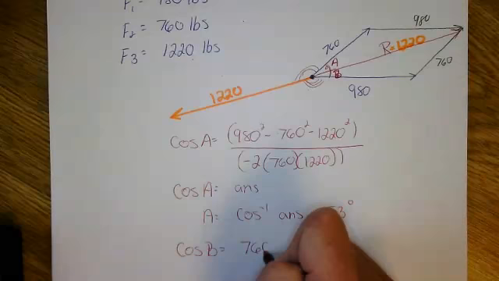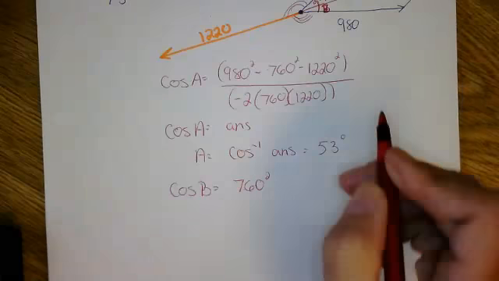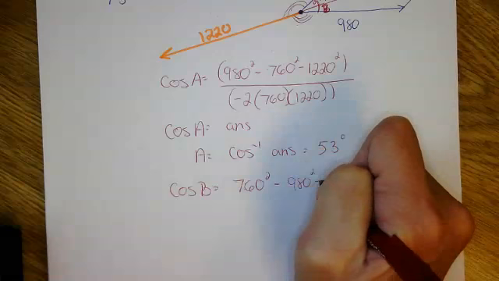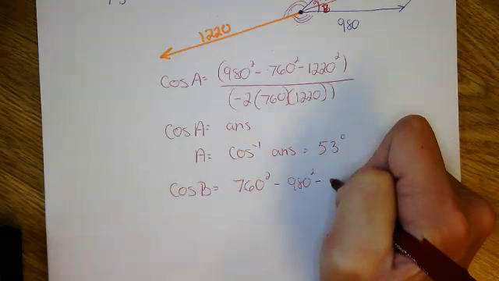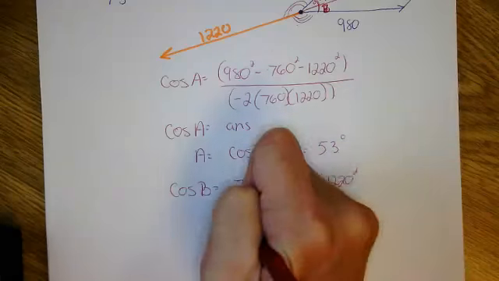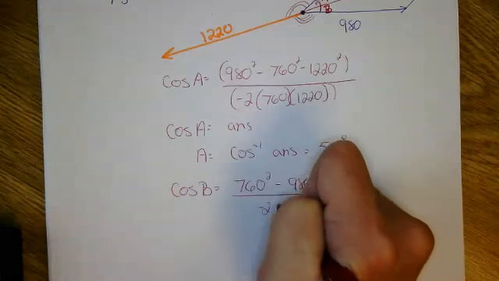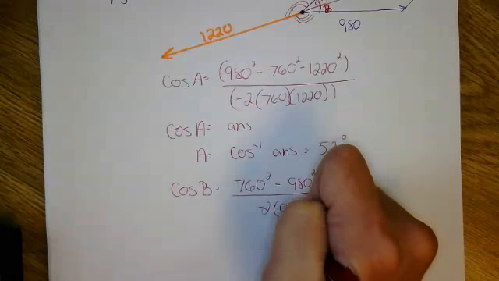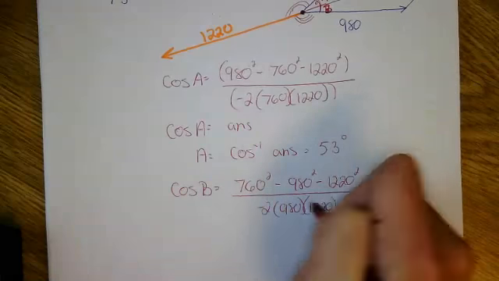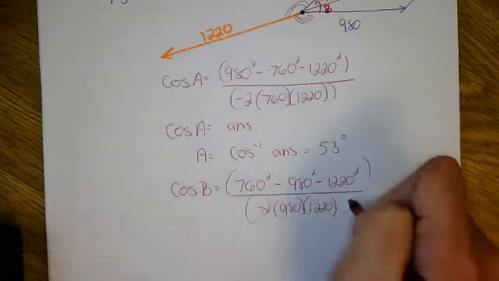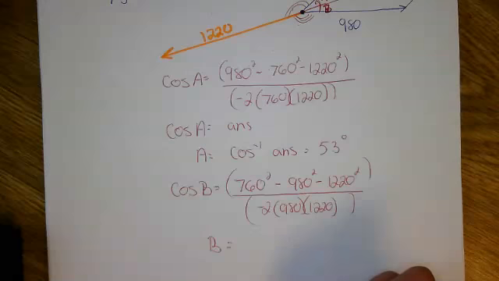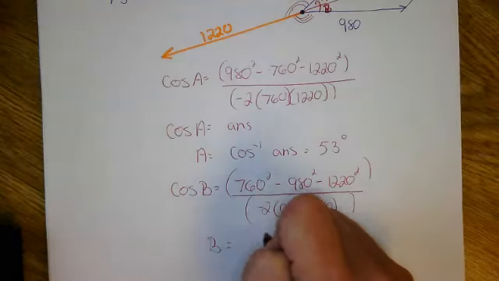So you can see we're going to get a different answer. 760 squared, then subtract the 980 squared, subtract the 1220 squared, divide by -2, multiplied by the 980, multiplied by the 1220. And again, parentheses, parentheses, inverse cosine. Angle B came out 39 degrees.